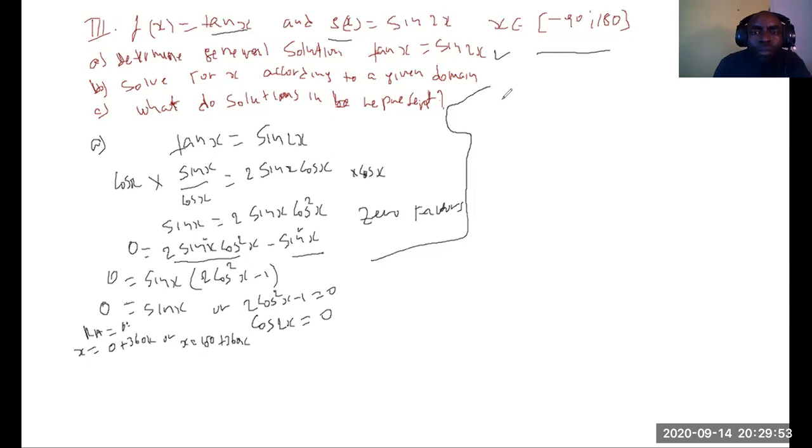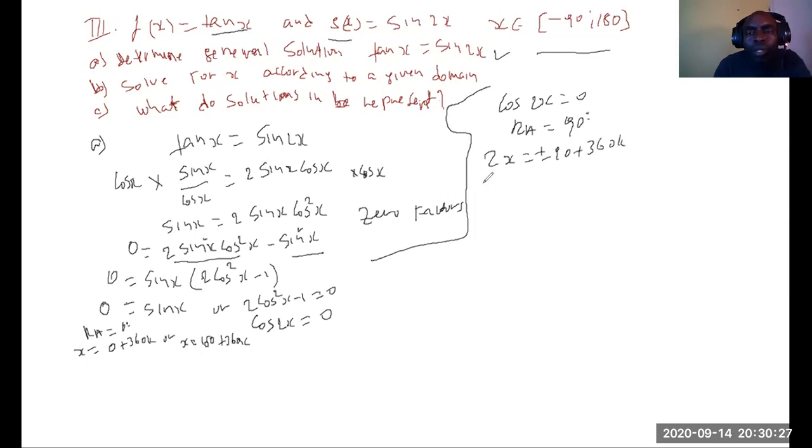And now for this one, here we've got cos 2x equals 0. So our reference angle would be equal to 90. So now I've got 2x equals plus or minus 90 plus 360k.